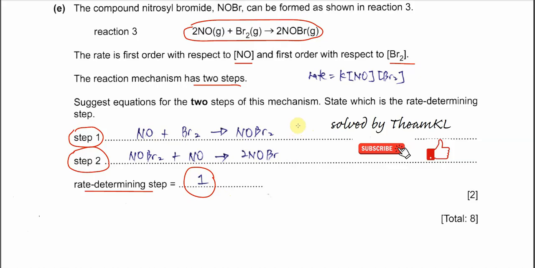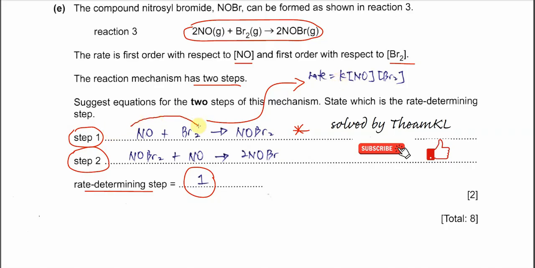If this is the rate determining step, we must make sure the reactant side has only 1 mole of NO and 1 mole of bromine. So therefore, it can fit this rate equation, because when the rate determining step is there, the reactants in it will represent the order. So if you put 1 mole of NO and 1 mole of bromine, it fits this rate equation.